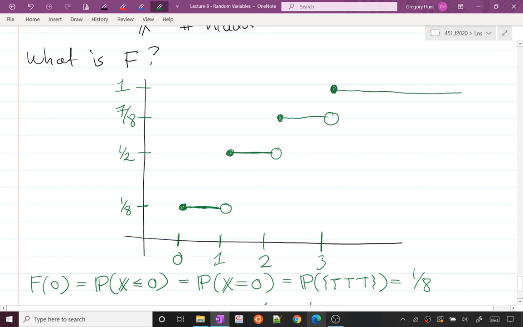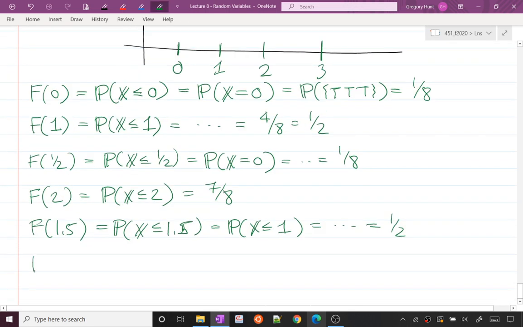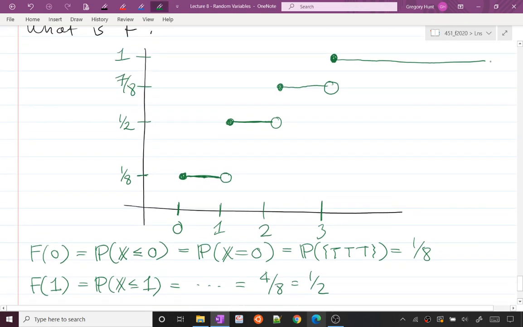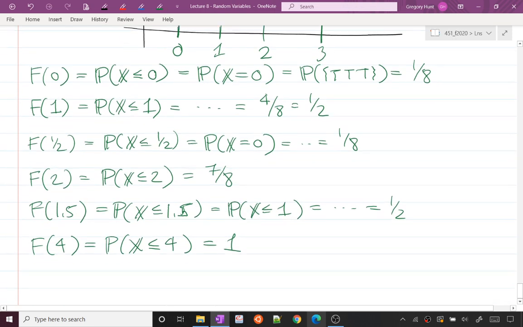And for any value bigger than 3, I'm going to stay at 1. What would F of 4 be? The probability I have less than or equal to 4 heads. Now that always happens. You can't have 4 or more heads if I only have 3 coins. So it just flat lines at 1 up here. And I could similarly ask about numbers less than 0.